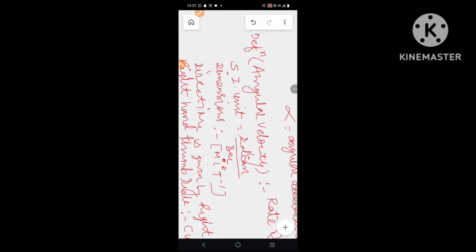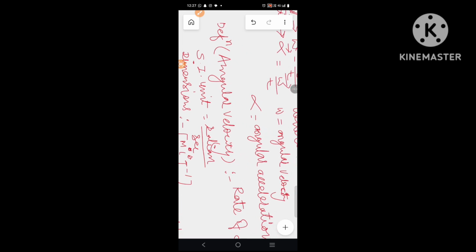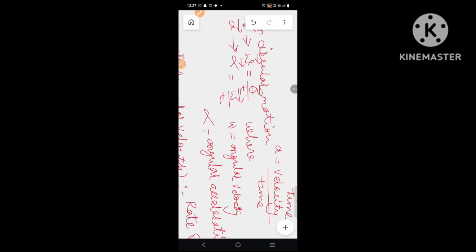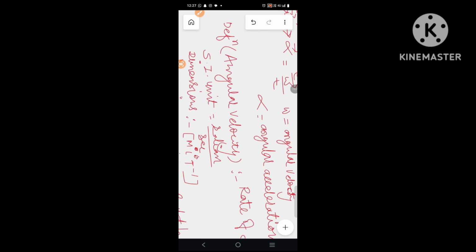It is the formula for angular velocity. What is the SI unit? SI unit is radian per second. As theta is the angular displacement, its unit is radian, divided by time, whose unit is second. So radian per second.